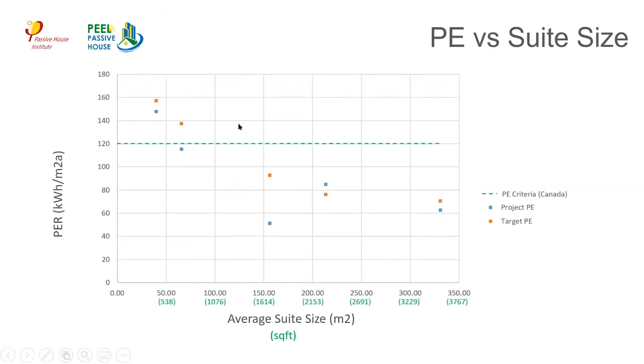But if we look at PE versus the suite size for those same projects, you can see that A and B are meeting the PE target. So the project PE is actually lower than the target PE calculated by the tool. And again, this is the classic PE target set, which is 120 kilowatt hours per meter square per year.